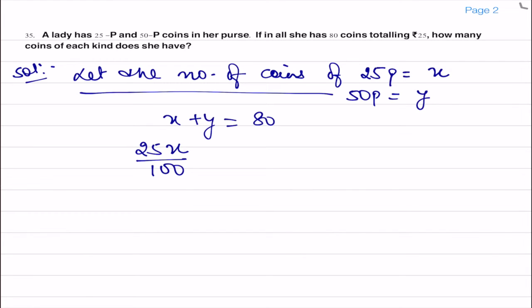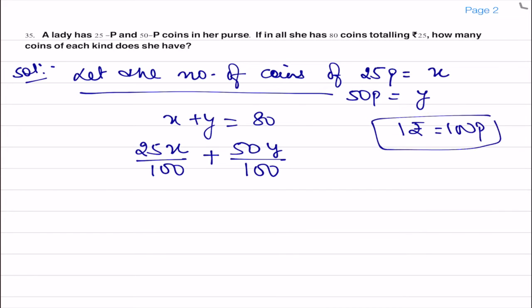So the total amount of x coins will be 25x upon 100, plus the 50 paise coins, whose amount becomes 50y upon 100. Why are we doing upon 100? Because 1 rupee is equal to 100 paise. And when we add both the amounts, the total amount of the coins is rupees 25.